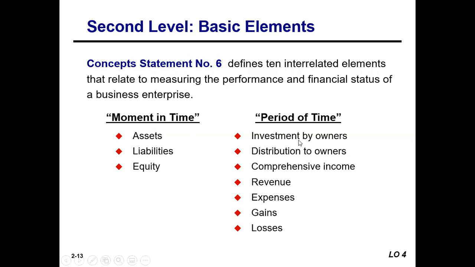Income statement, statement of equity, and statement of cash flows are for a period of time, whereas a moment in time would be our balance sheet, as of such and such date.